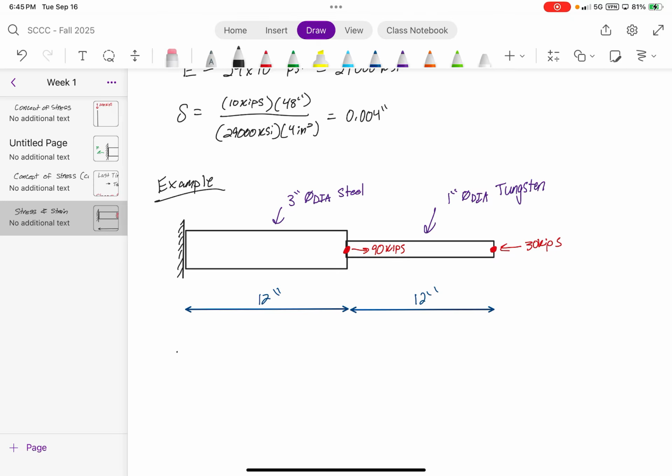And I want to do 3 things. 1, I want to determine the stress in each bar. 2, I want to determine strain and deformation of each.